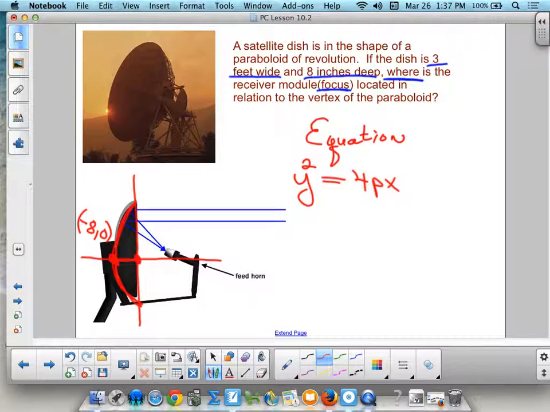Now this makes a mess, because you'd have to work with this formula, and who wants to do that when you don't have to? I think this was period 4 who might have done this. Sorry, period 4.